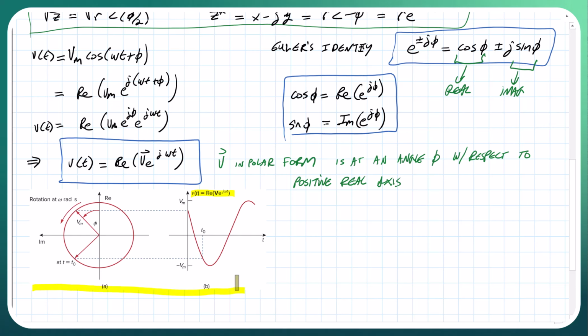On the left side is what we call a sinor, rotating counterclockwise, and on the right is the projection of that sinor as a function of time on the real axis.